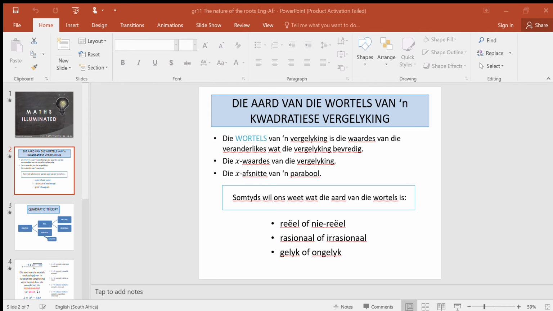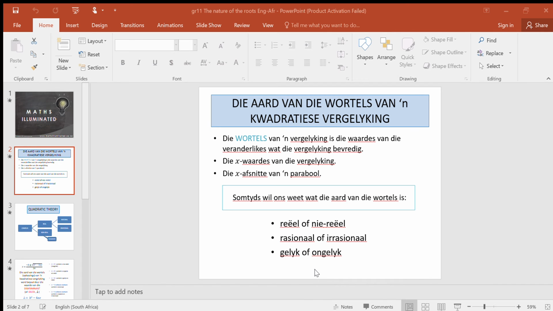Nou sê ek vir jou, if we look at x squared plus x minus 2 is equal to 0. Okay, dan beteken dit dat as ek vir delta gaan kry, hy gaan nou 'n bietjie vinnig. If I go get delta, meaning b squared minus 4ac, as ek gaan instel, b se waarde is mos 1, so meaning 1 squared, that gives me 1.